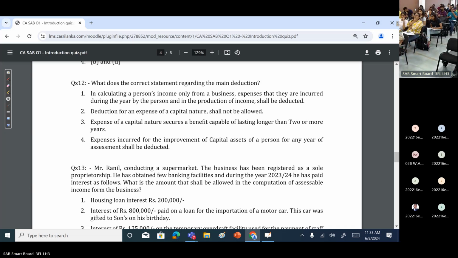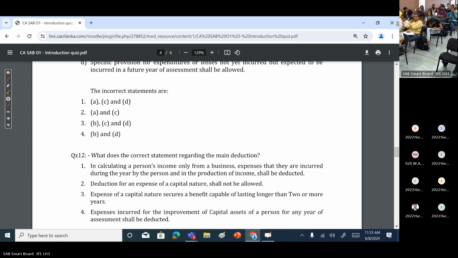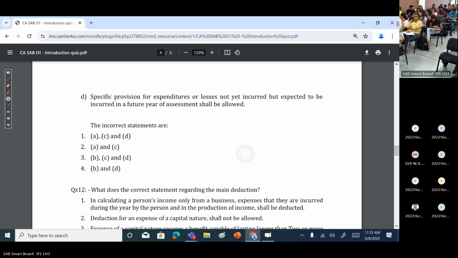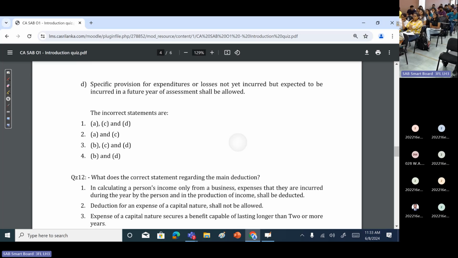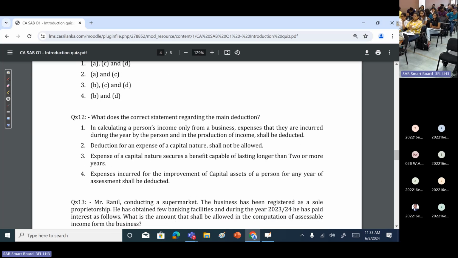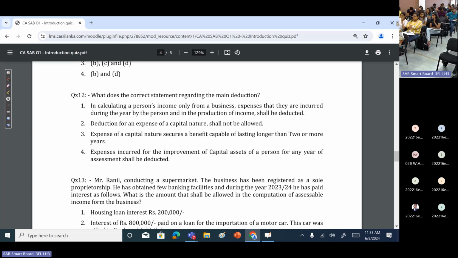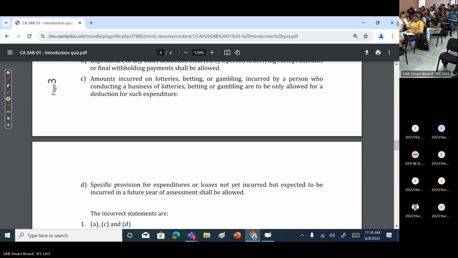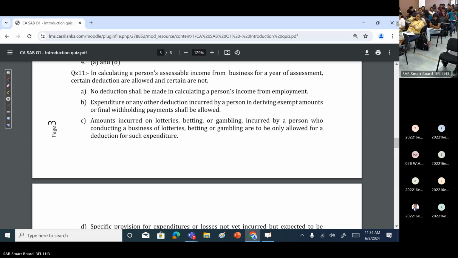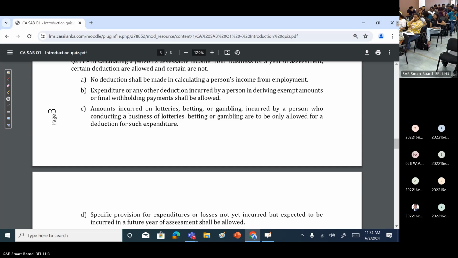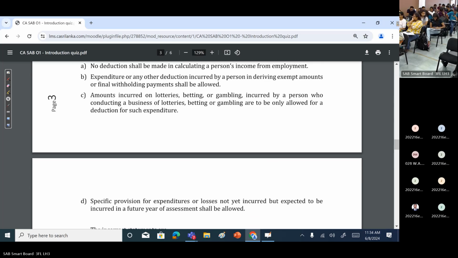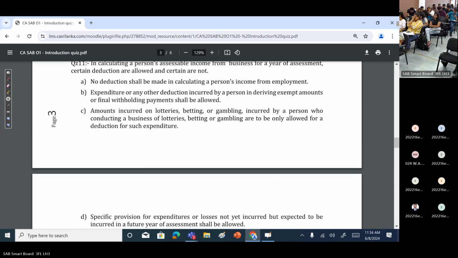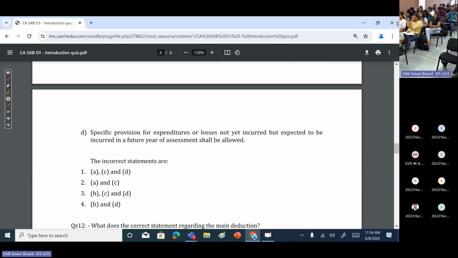The other two, right? So the next one is what is the correct statement regarding the main deduction? Yeah, sorry, it should be correct. Right, correct.